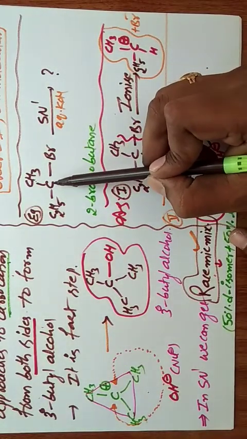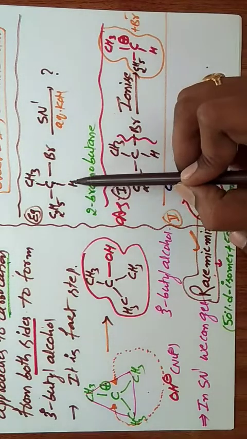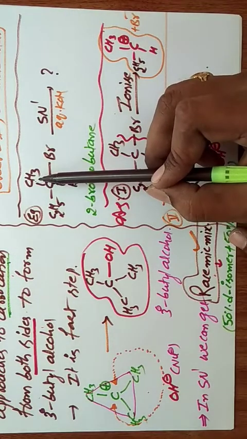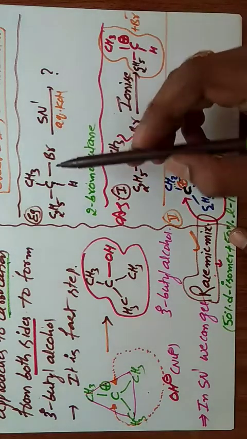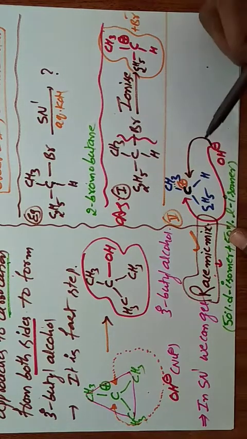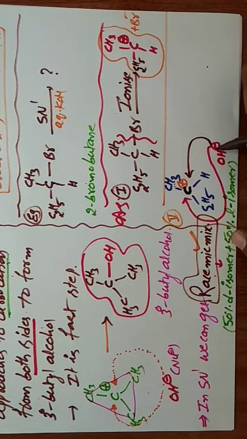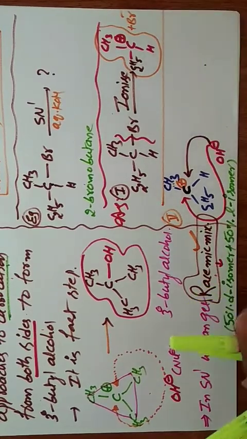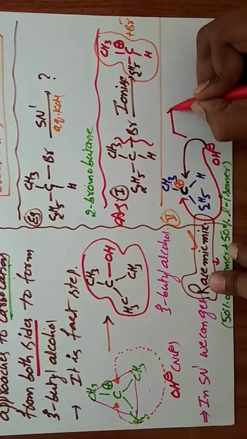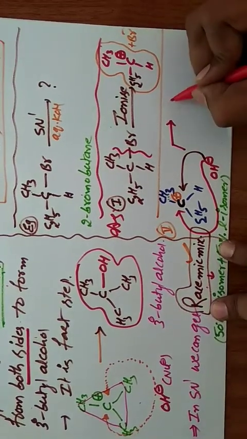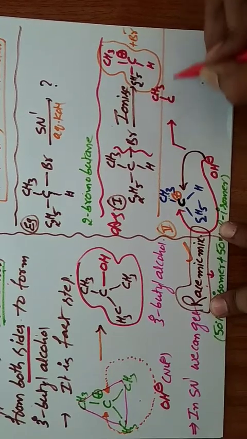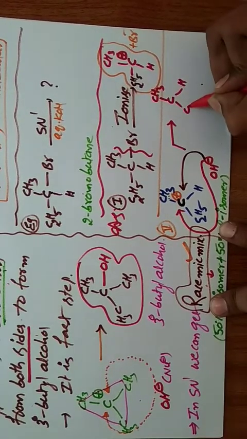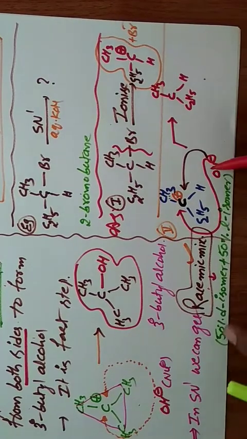So the OH group attacks. What type of product do we get? C bond CH3, here hydrogen, here C2H5 as it is. This OH group is attached on this side, left side attack. That's why the OH group should be mentioned on the left side. Similarly, we get another product from the right side; right side attack is also possible.